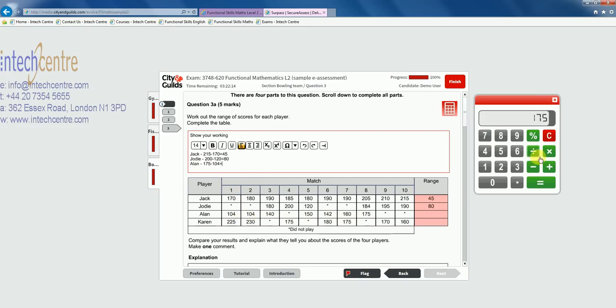175. It's always good to do mental arithmetic, but always double check it with the calculator. There's a calculator for you to use, so why not? And don't waste your time doing long multiplications or long calculations without the use of a calculator. You're allowed to use a calculator, so make sure you make use of it and check your calculations.